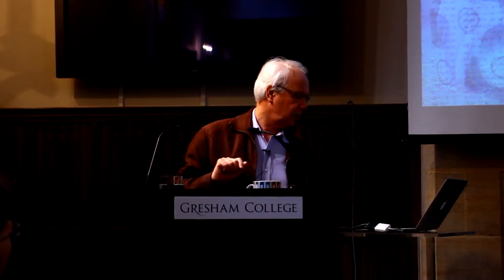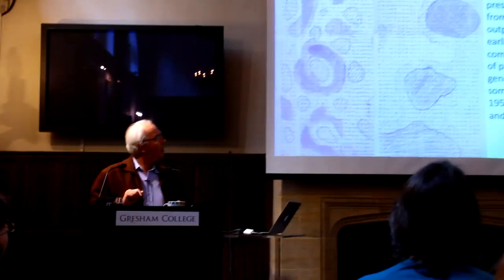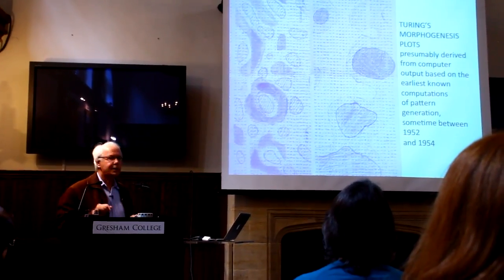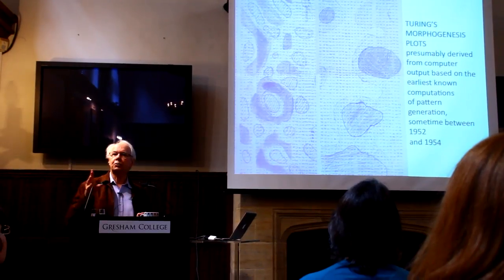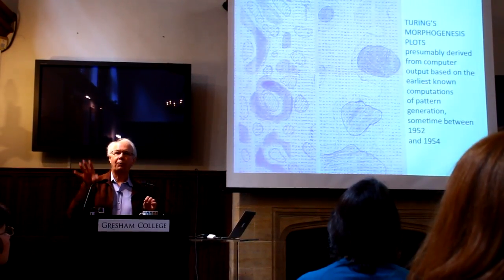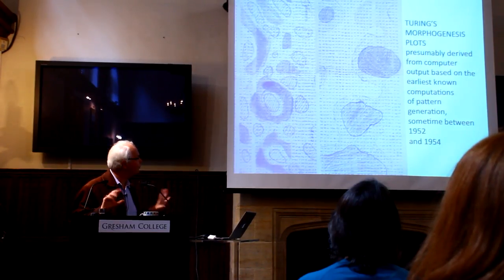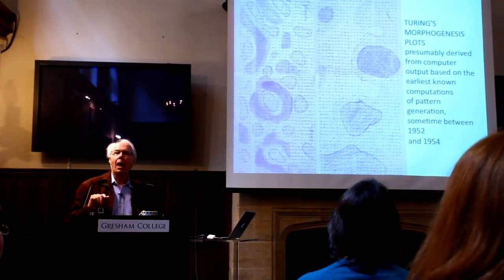So, Alan Turing, in his papers were discovered these plots. They're a little bit of a mystery, but they are clearly his mathematical model, which I'm going to talk about, of how these blotches on a cow or that kind of pattern forms, and we're getting some nice blotches.